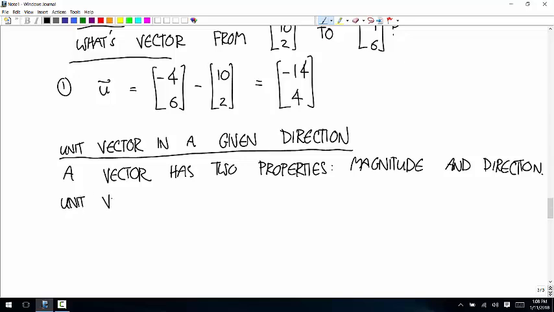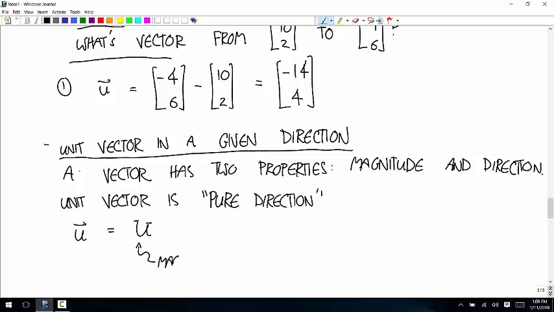So think of that as like the pure direction. And so if you have a vector u, you can think of that as equal to this scalar that represents the magnitude times a unit vector in that direction.